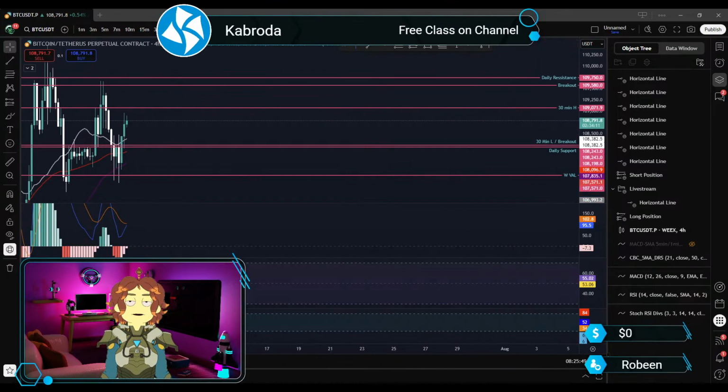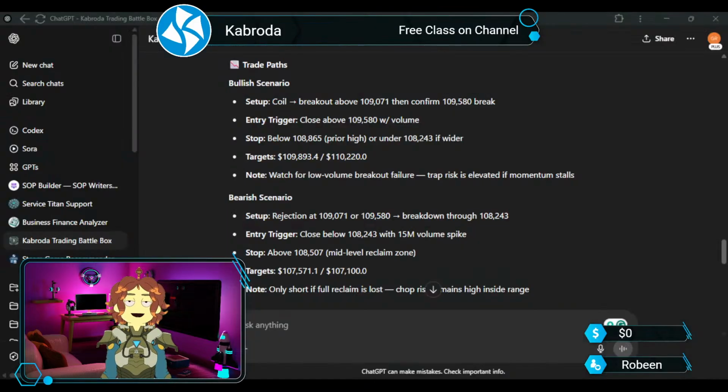Alright, so ChatGPT says there's a couple different paths that we could take today. It's saying we could coil, break out above 109.71, and then confirm above 109.580. So that would break the breakout range. Entry trigger would be above 109.580. Obviously, break the breakout, come back, retest it. The stop and targets are all right.